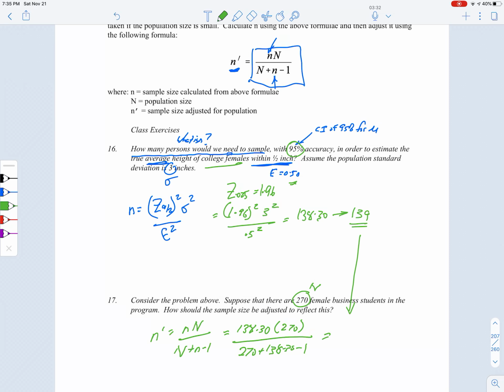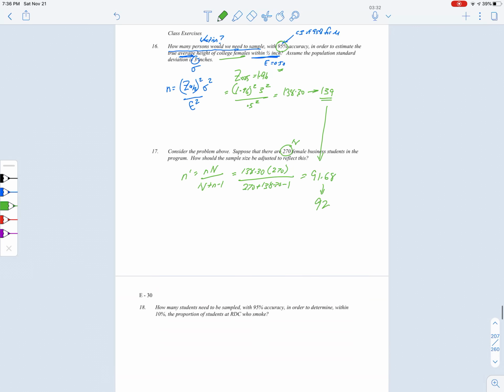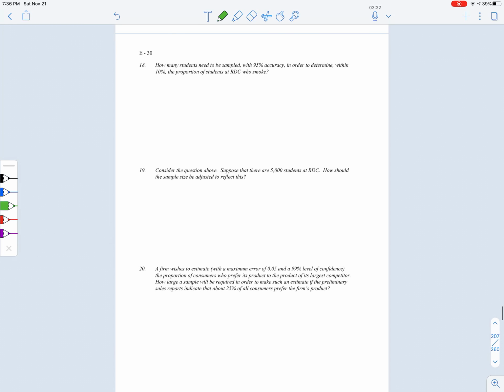And that comes to 91.68, which we would round to 92. Now, practically, you would probably take that to 100, but what we're saying is that because this is a fairly small population here, you don't have to sample 139 people. You can sample only 92 people in order to get an error of 0.5. So that's the answer. That's how many people you would need to sample.